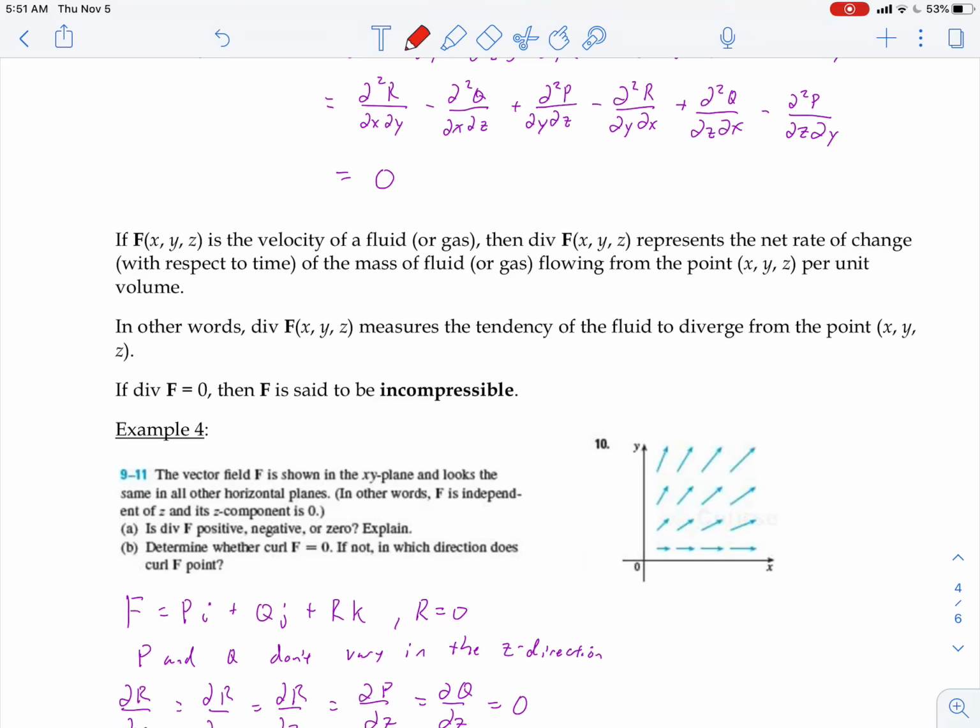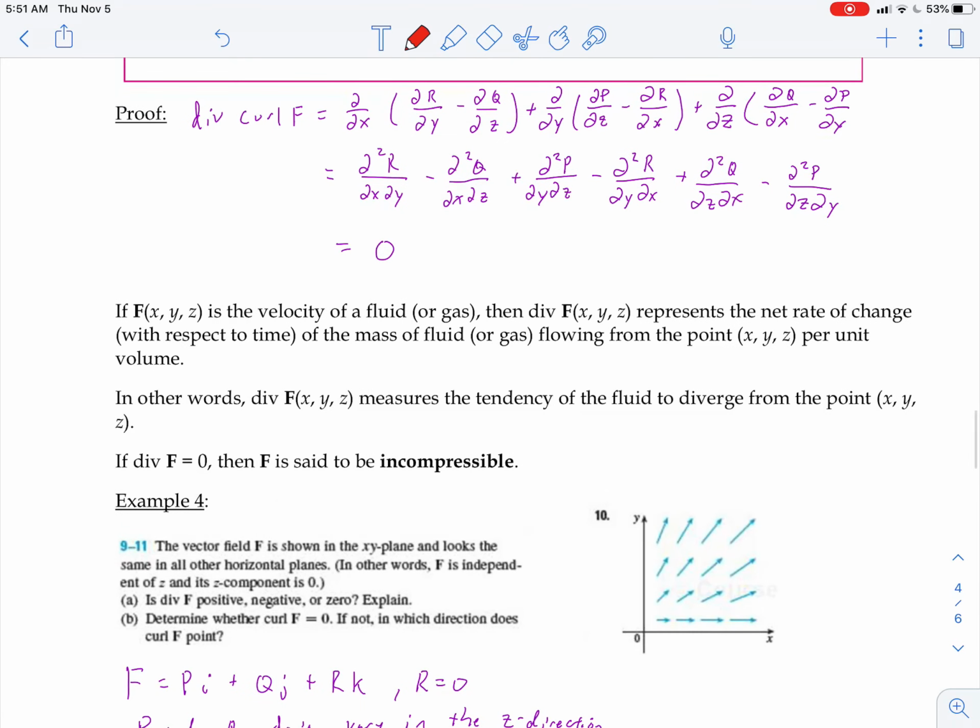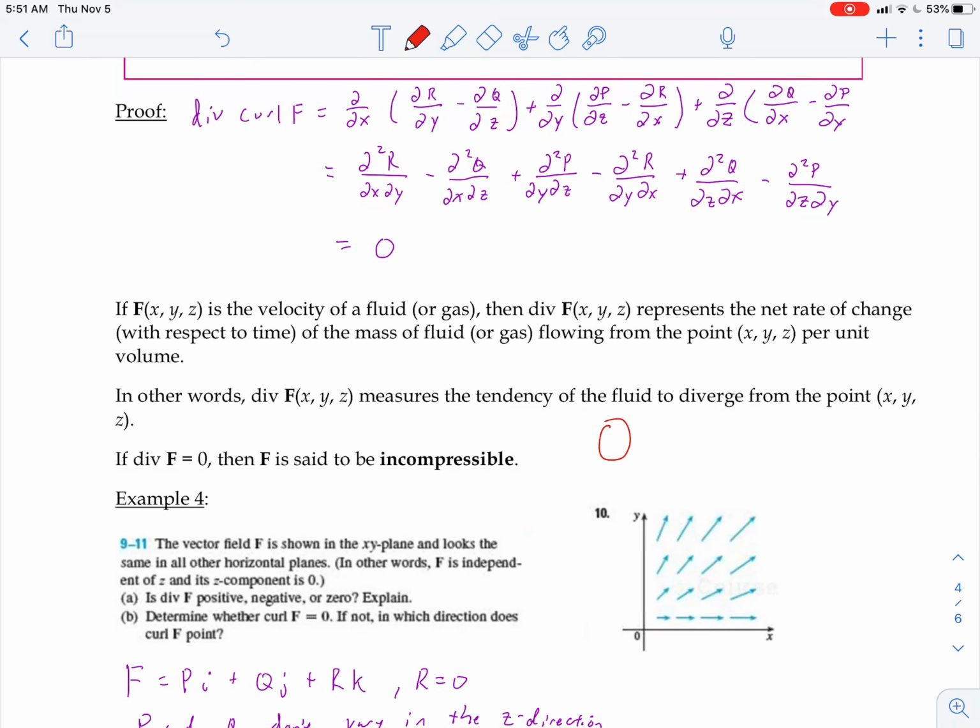If more fluid enters the neighborhood than leaves it, then divergence is said to be negative. Say this is our region on our vector field.